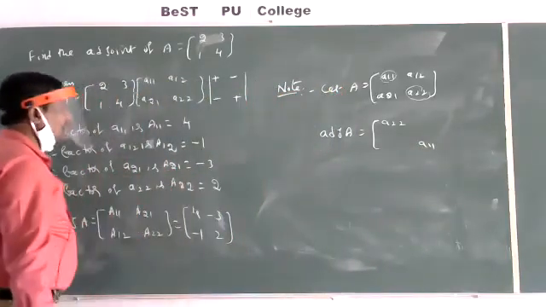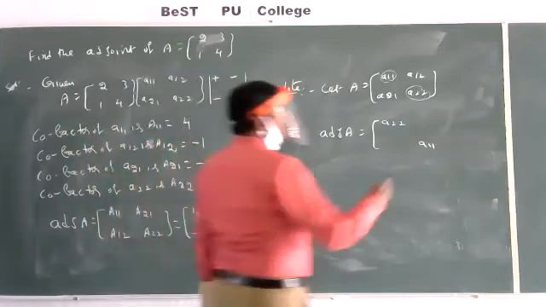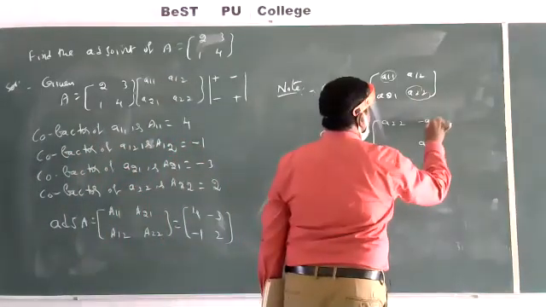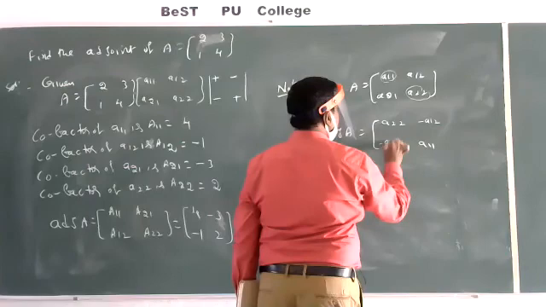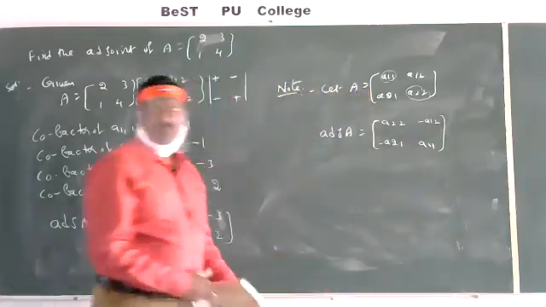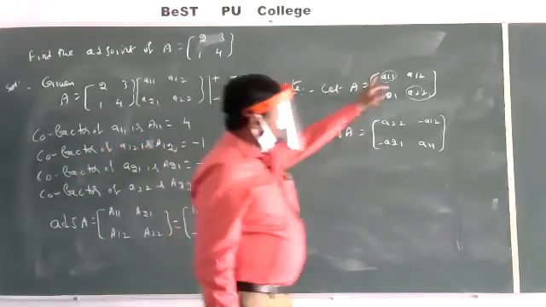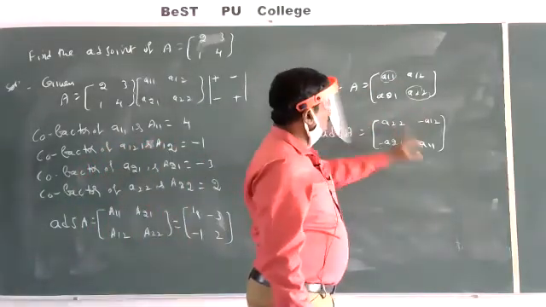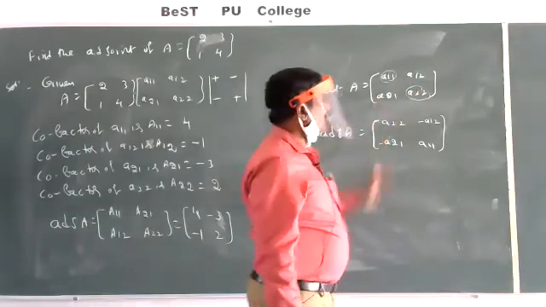Change the sign for the secondary diagonal elements, that is minus a12, minus a21. Directly we can write the answer by remembering this condition.